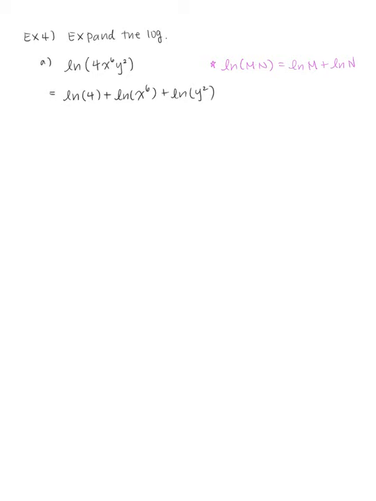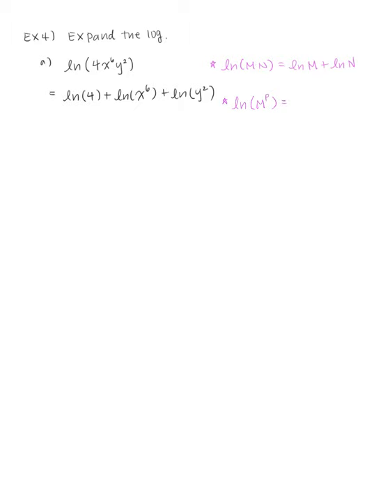squared. Now ln of 4 is some kind of a decimal value, so it's just a constant, so leave it alone. But now let's take a look at ln of x to the 6 and then ln of y squared. Alright, remember this property, we're going to have to go one more step. Ln of m to the p, remember what happens to the exponent?